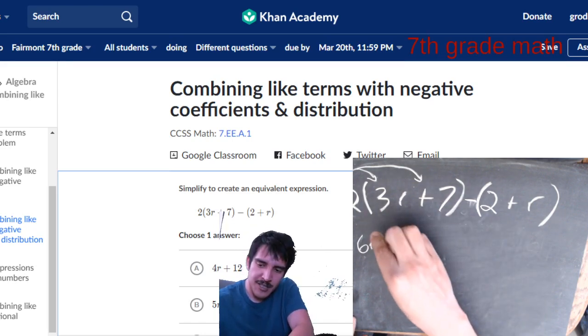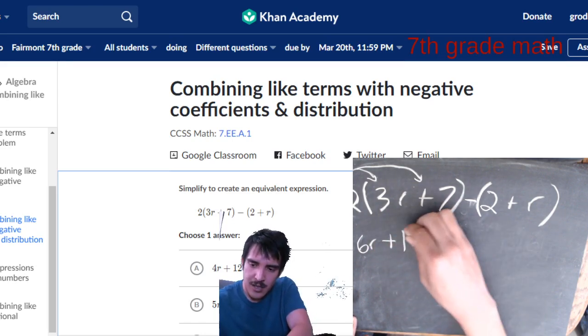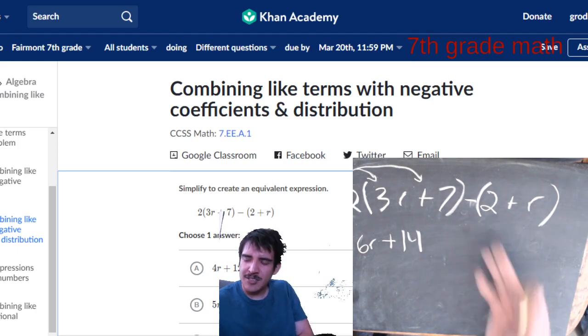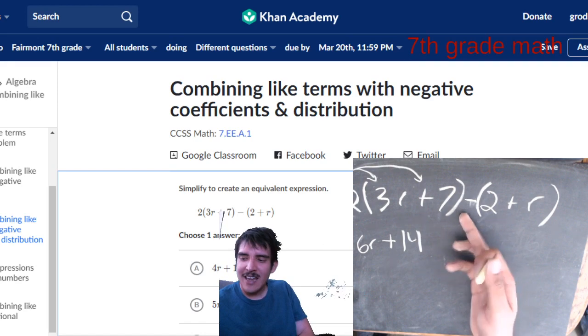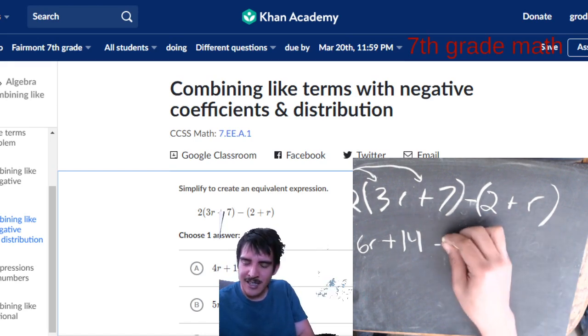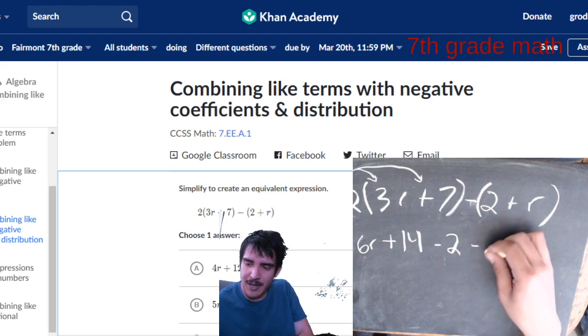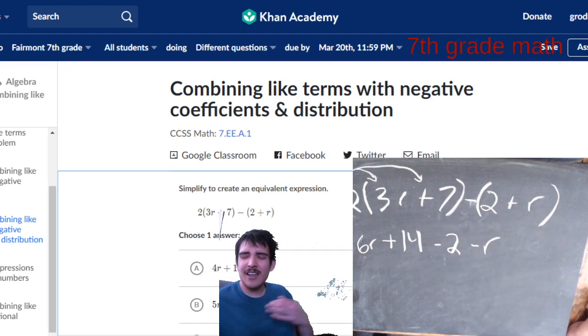So plus 14. Next, negative times 2. Negative times 2 is just negative 2. And negative times r is minus r. Negative r. So I have used the distributive property on this problem.